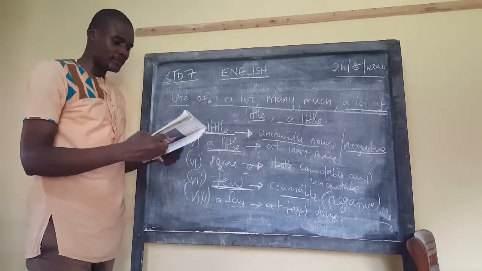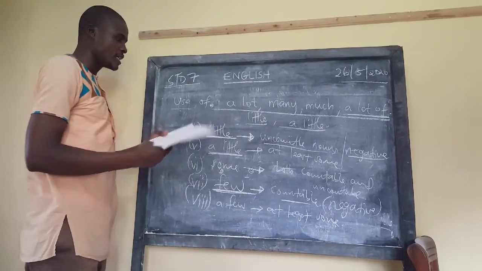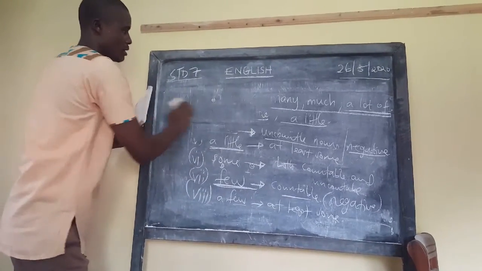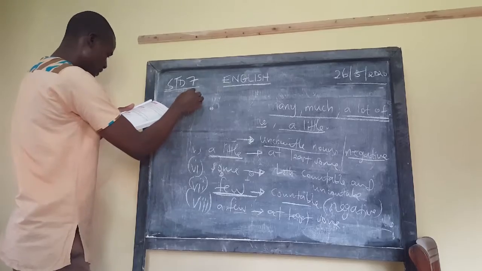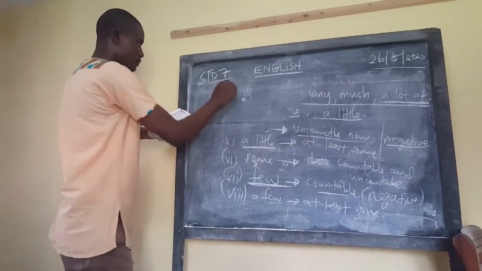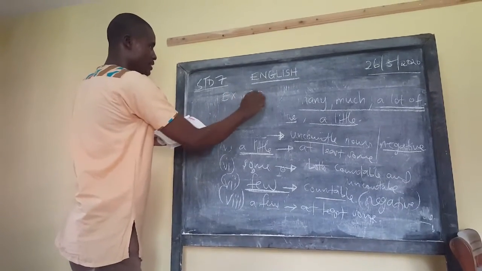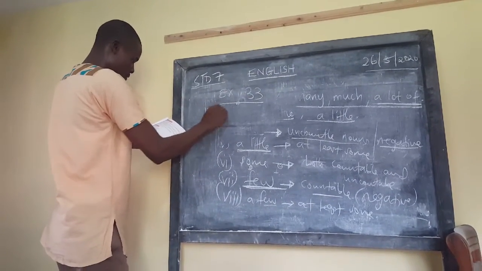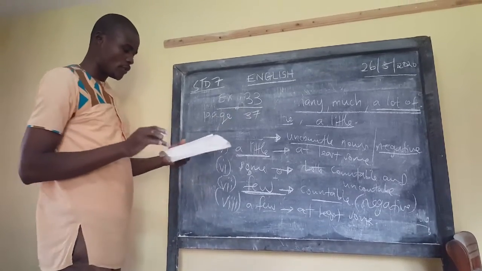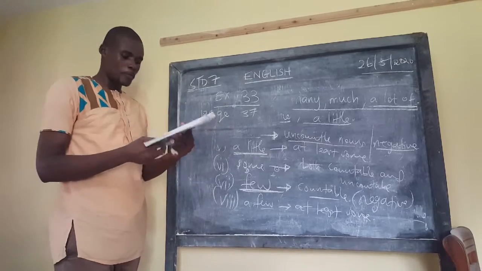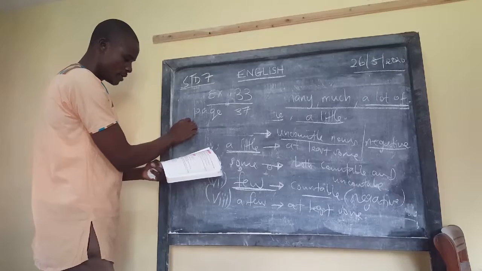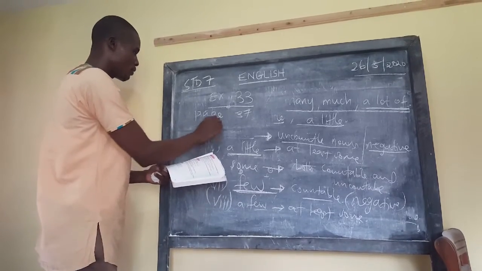So much for that. I think I'm done with whatever I wanted to mention. There's a small exercise here, exercise 33, on page 37. We have been given a small task to construct sentences using many, that is number 1 to 4.